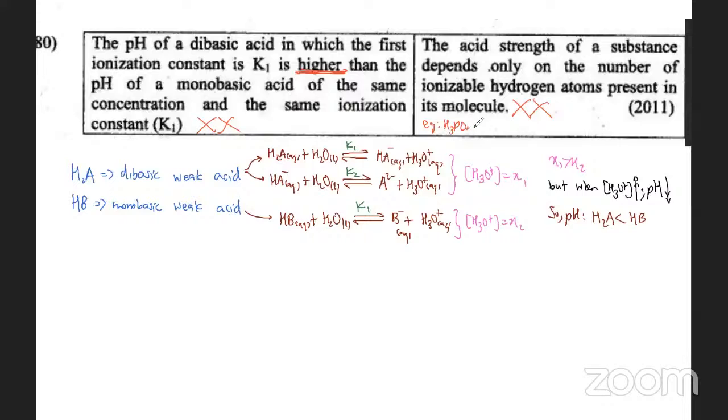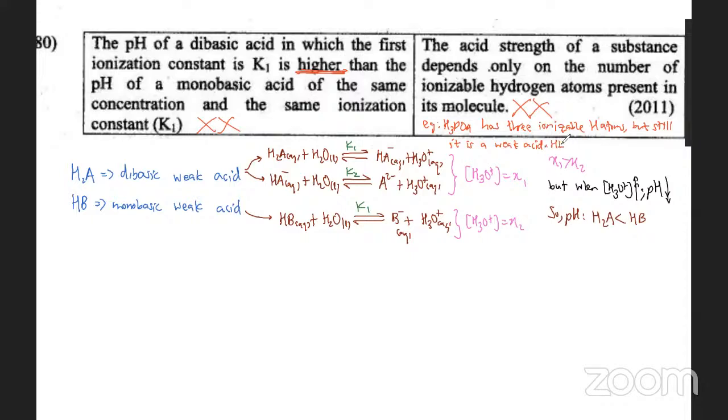For example, H3PO4 has 3 ionizable hydrogen atoms, but still it is a weak acid, right?